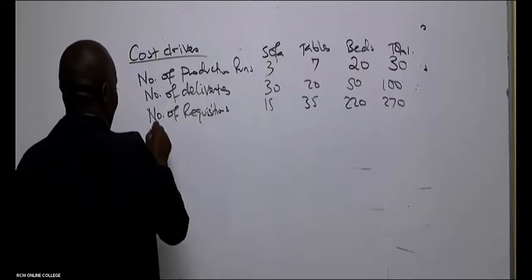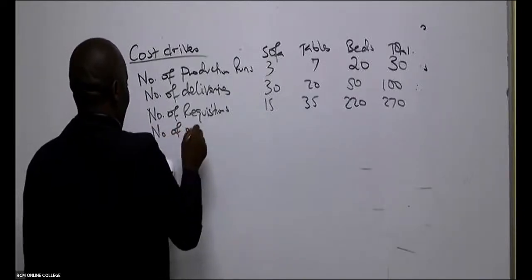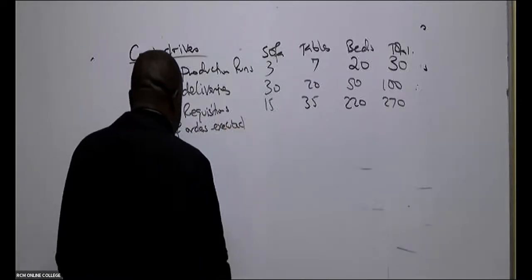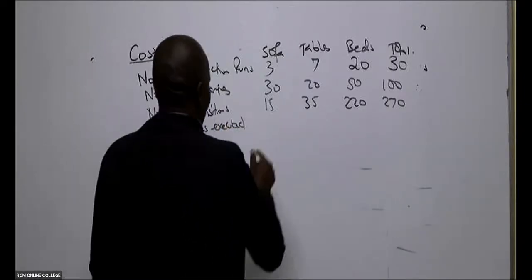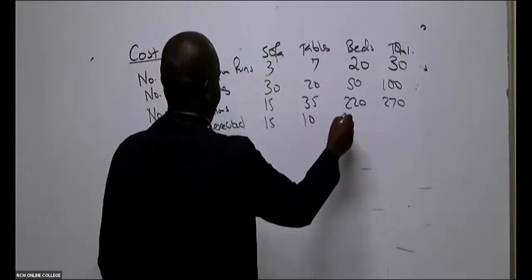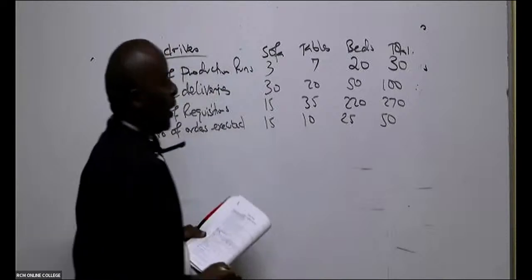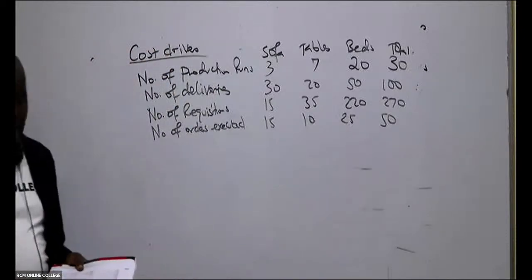Then we have number of orders executed. I have to understand this. 15, 10, 25, giving us 15. Let me know once you are able to copy up to there.